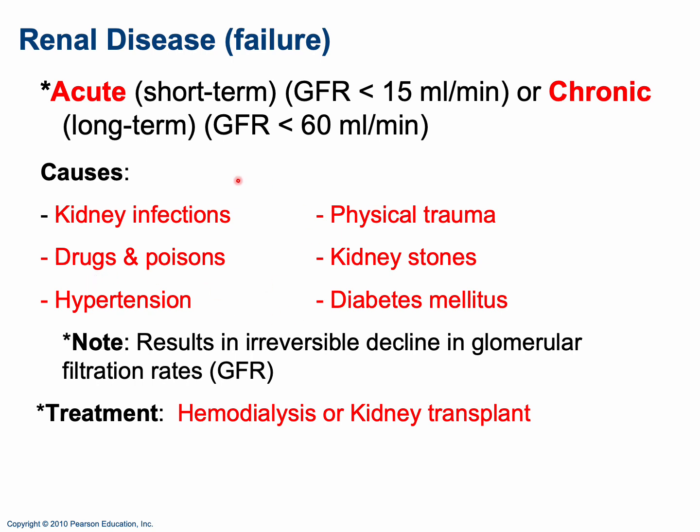High blood pressure, all these items can lead to kidney failure. When it comes to treatment, maybe at first they're using hemodialysis, but eventually that may not be effective. And so the only alternative is to have a kidney transplant.